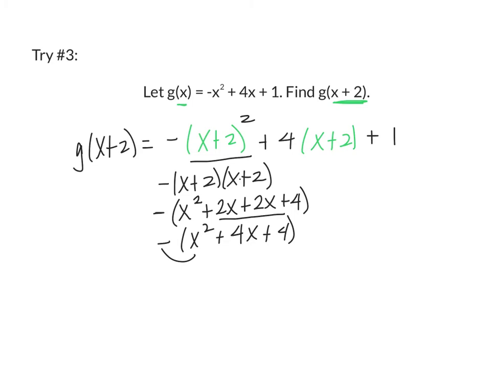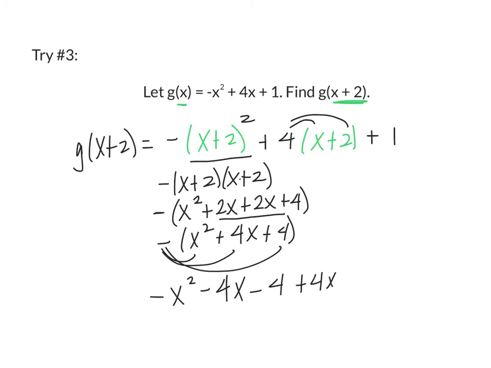If I distribute the negative to everything inside, this will be negative x squared minus 4x minus 4. Again, if we continue from where we had at the beginning, we need to distribute that 4 now. So 4 times x is positive 4x. 4 times 2 is positive 8. And then finally, we just drop down that positive 1 at the end, so plus 1.